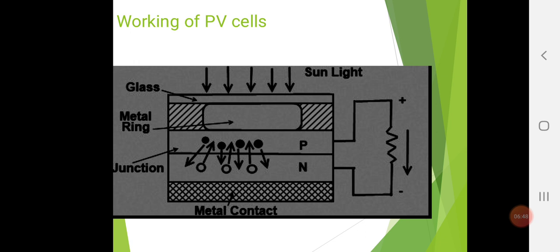The unique characteristic of semiconductors, to act as good conductors when supplied with light or heat and otherwise act as insulators at low temperature, is used effectively in solar cells.